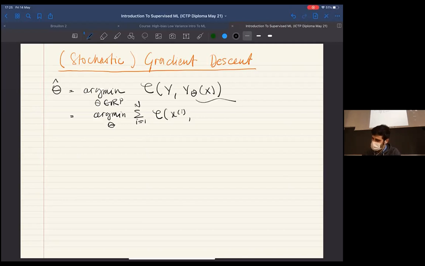This is our model that I wrote like this also. And Y theta of X is our prediction according to this model. And we're looking for the parameters that minimize the cost. So usually the square difference, or some notion of error between the labels in our data and our predictions. And this usually comes in the form of a sum like this.